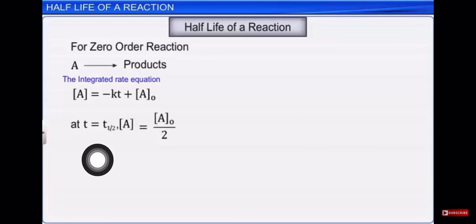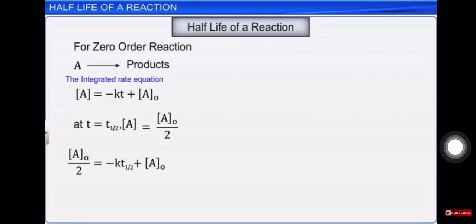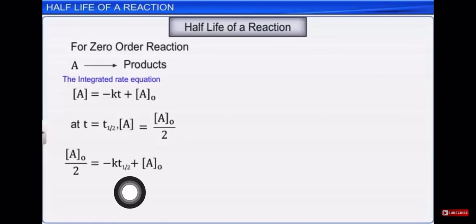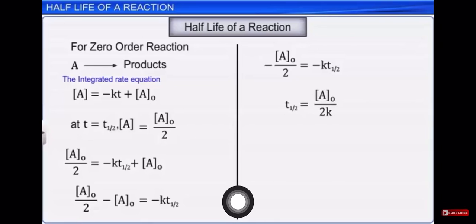Now we are going to put the value of t as t half and A as initial concentration of A by 2. By putting this in the equation we get this form. Then if we rearrange the terms, taking the like terms to one side, this plus A0 will become minus, and this will be minus only.